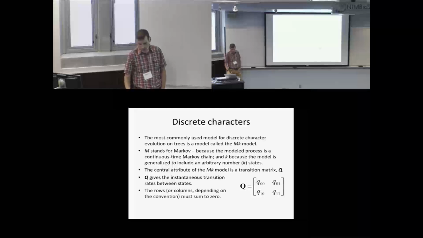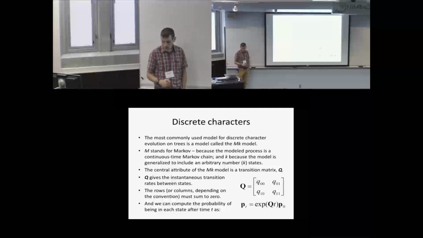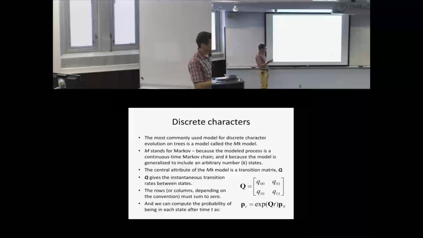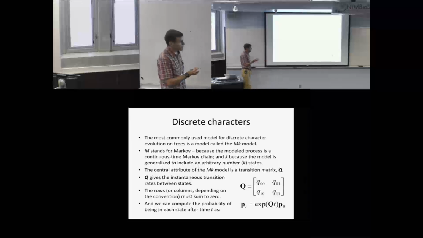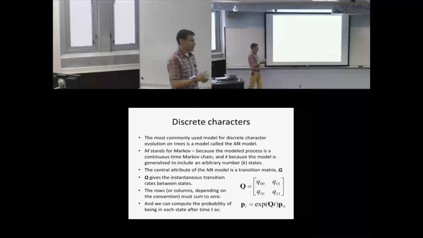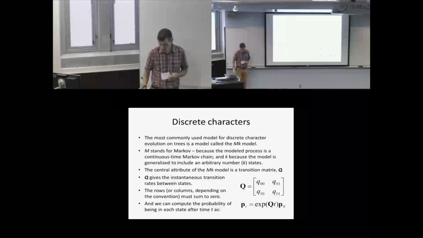And the most important attribute of this is that with the transition matrix, we can compute the probability that after any particular elapsed time, a say edge or branch in the tree which was in one initial state is in a different final state.